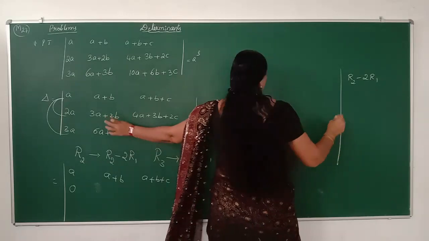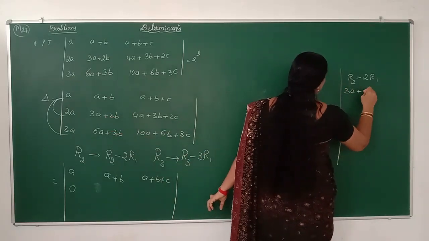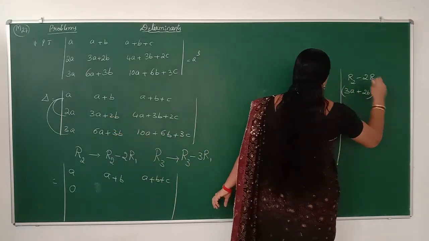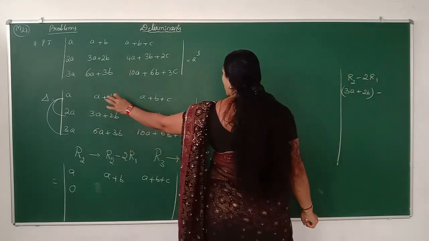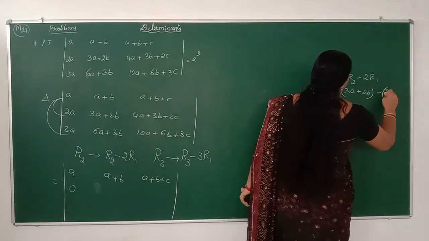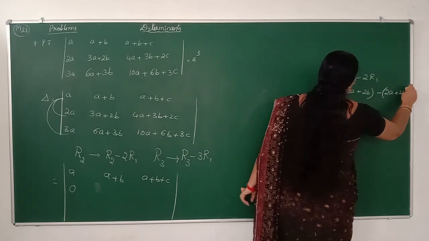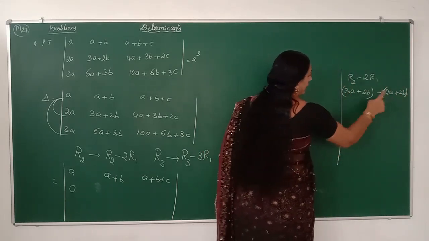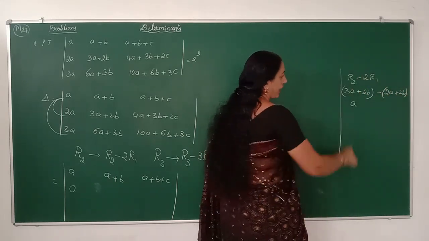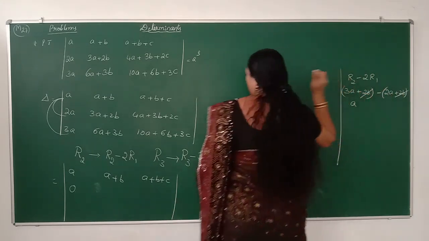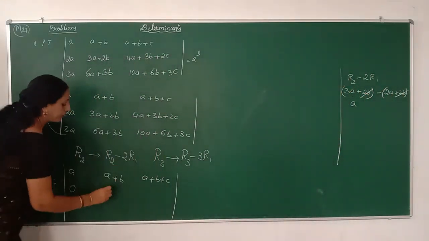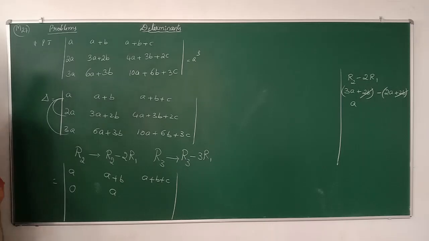R2 is 3a plus 2b. 3a plus 2b minus 2 times R1, where 2 times R1 is 2a plus 2b. After subtraction, 3a minus 2a is a, and the 2b terms cancel. Therefore R2 minus 2 times R1 gives a.